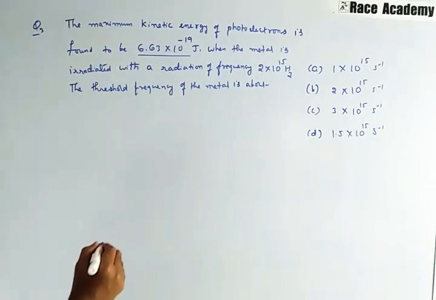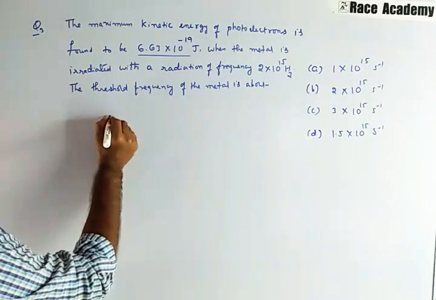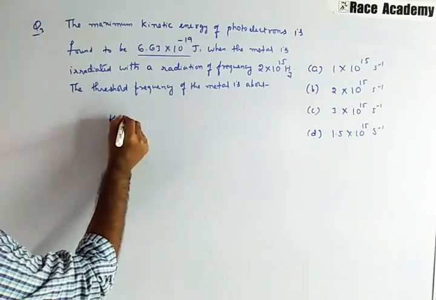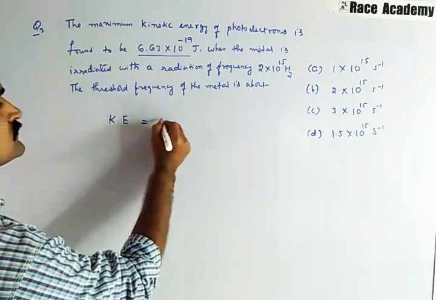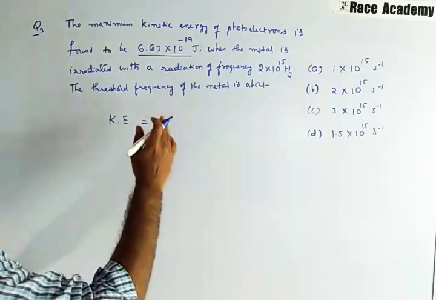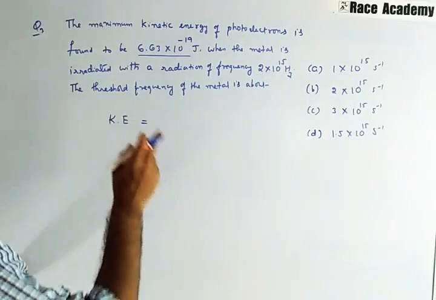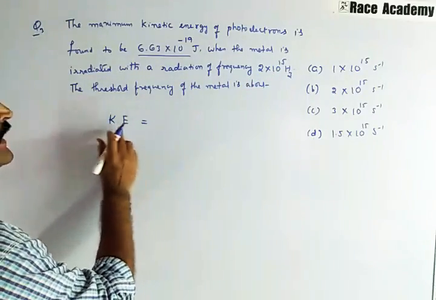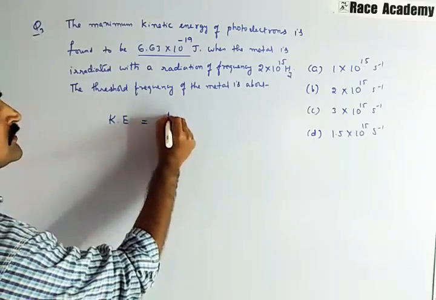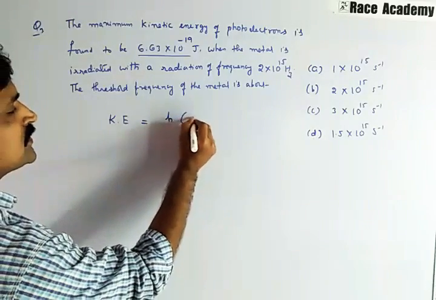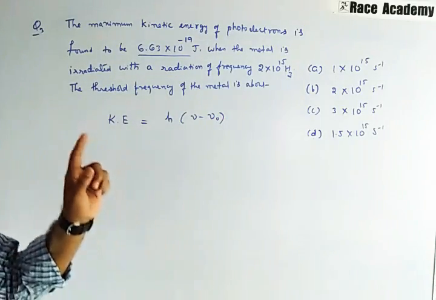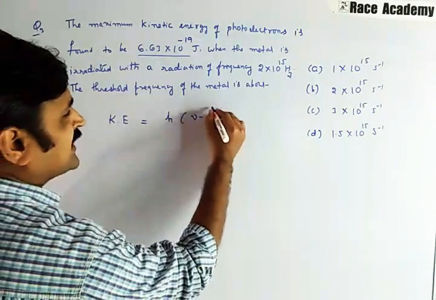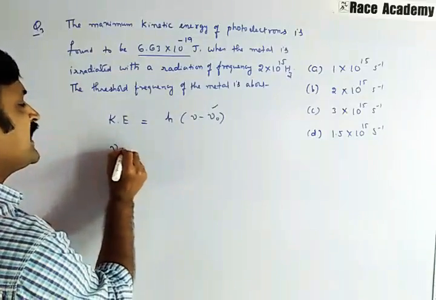As we all know, from the photoelectric effect concept, h nu is equal to KE plus W naught. From that, KE will become equal to h into nu minus nu naught. And we want only the nu naught value. So what is nu minus nu naught?